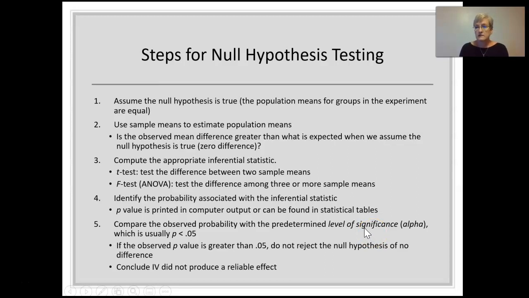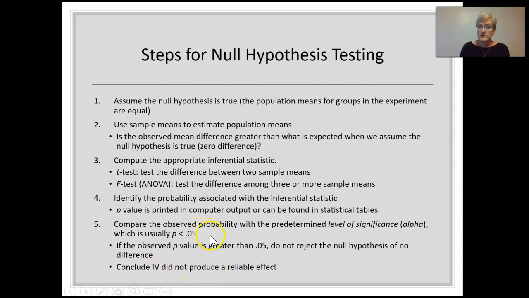And then we can declare the result statistically significant. If it's greater than or equal to 0.05, then we accept the null, meaning no effect, meaning that the difference is not significant. The difference isn't meaningful. Then we conclude the IV did not produce a reliable effect.